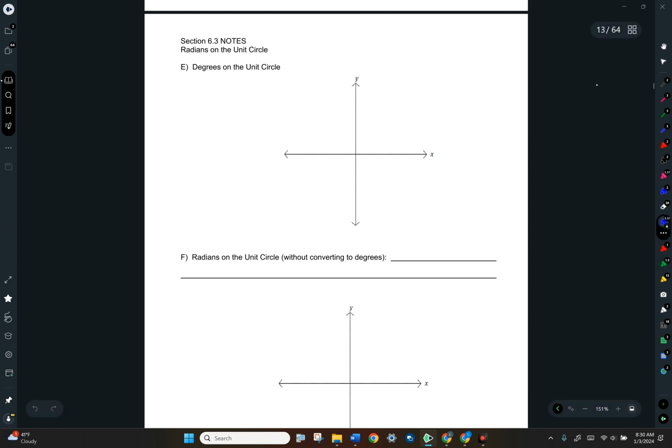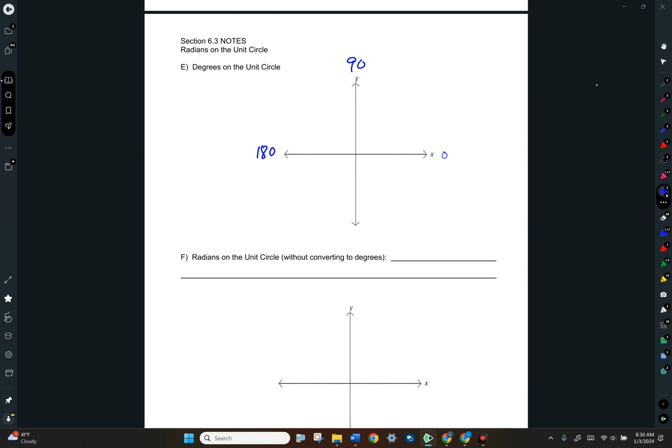So remember when we talked about degrees, we said that you start over here at 0 degrees, and if you're rotating in the positive direction, then when you come up through the first quadrant, that's going to be 90 degrees. If you keep going to the second quadrant, you're at 180 degrees, because every quadrant is another 90 degrees.